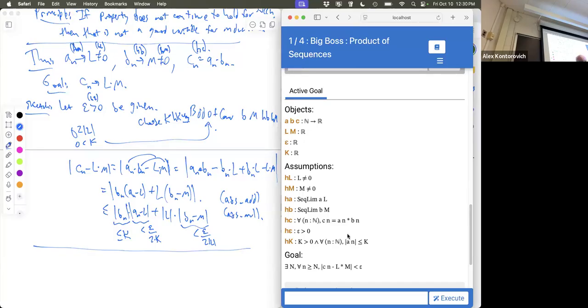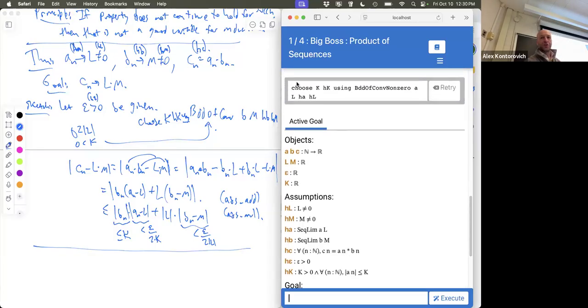When I said choose K, HK using this theorem, it gave us a real number K, and then it gave us HK, which is two facts. So we can use HK.1 and HK.2 to get these facts out. Or we can go back and change our choose and break HK into a couple more things.